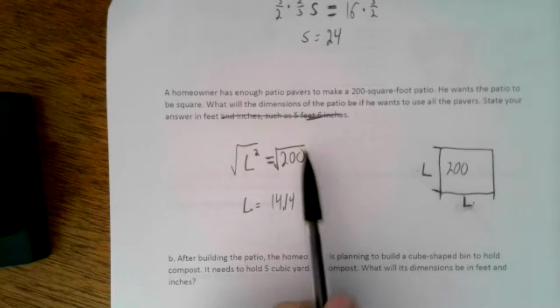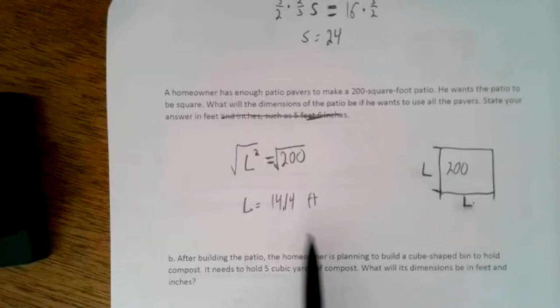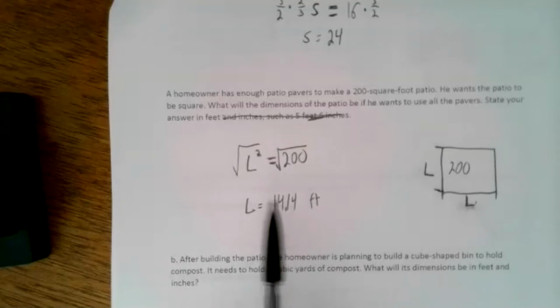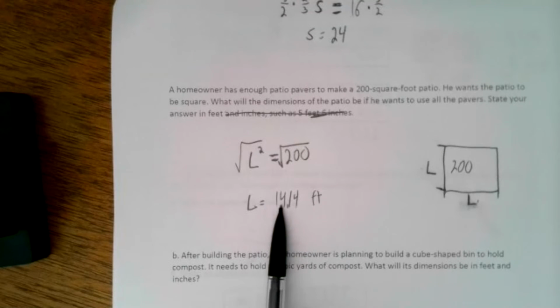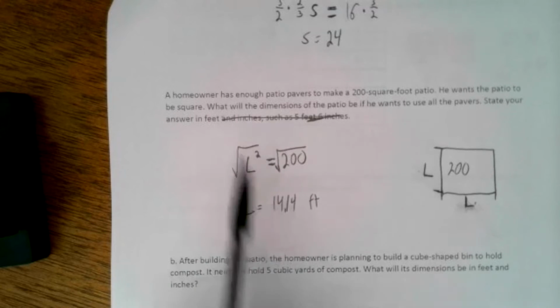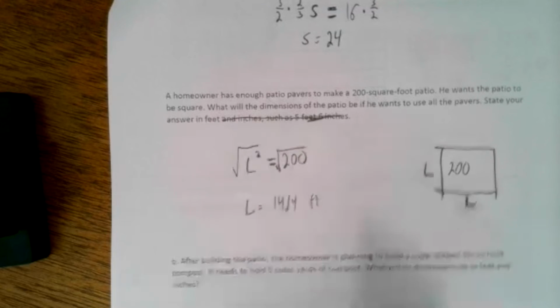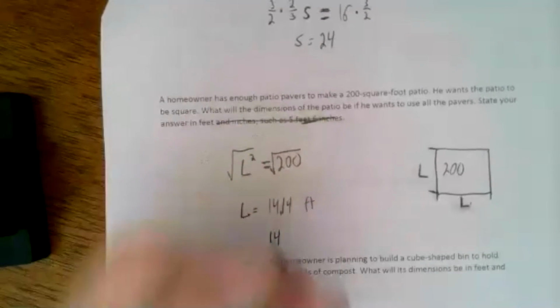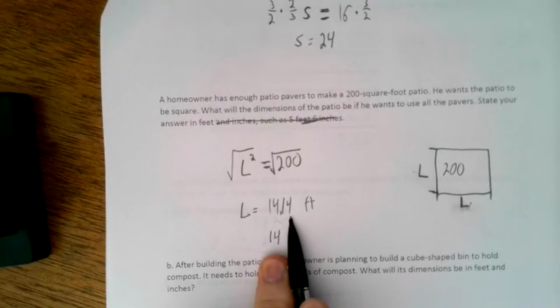So if I want to solve this for feet and inches, do we need to change the 14 feet into anything? So yes and no, right? If we want to change it into all inches, we would need to know how many inches are in 14 feet, right? But the problem specifically asks for feet and inches. So we can leave the 14 feet alone, and we can just change the decimal into inches, right?